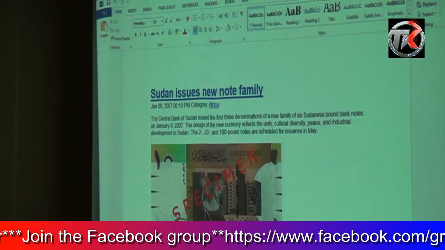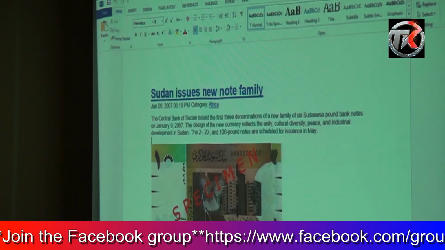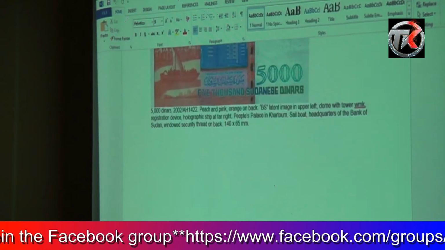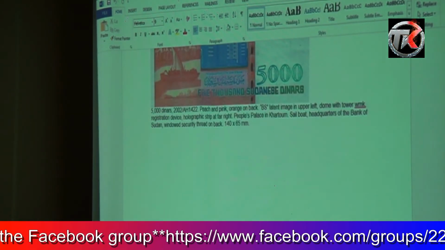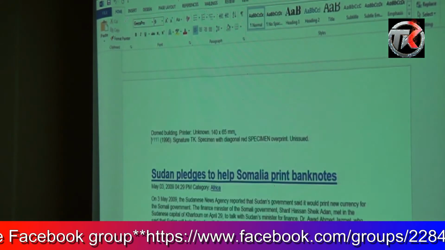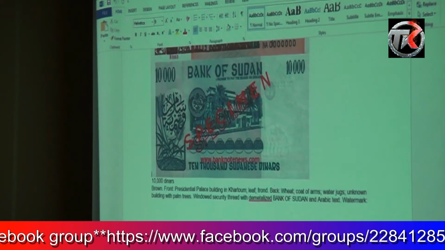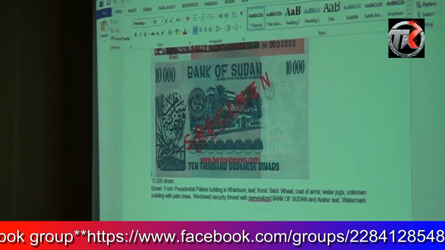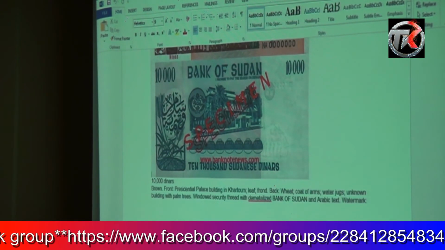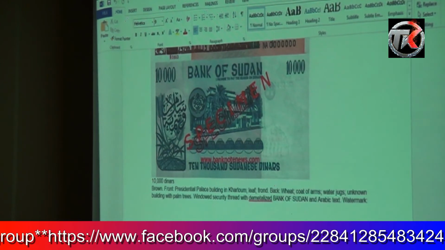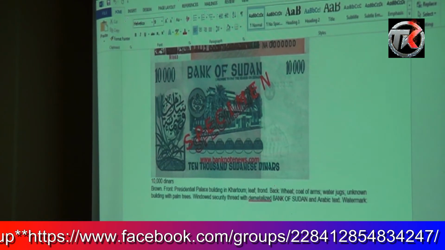And I will show you the present one at the last. Sudan has its own printing plant. Many countries do not. Like Malaysia, Saudi Arabia, they don't have their printing plant. They get it printed from outside.